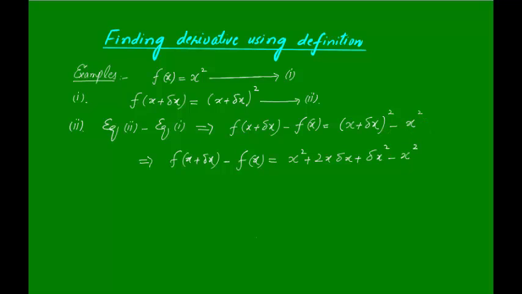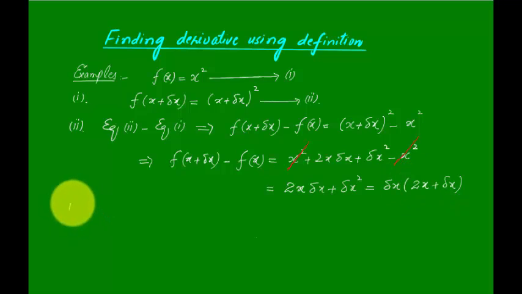Now from here you can see that this minus x square is cancelled with this x square. The rest we will get is 2x delta x plus delta x square, which is equal to delta x into 2x plus delta x in the bracket, since delta x is common.